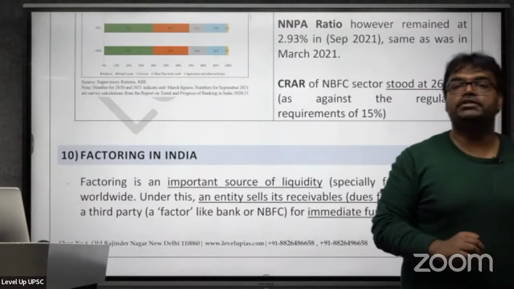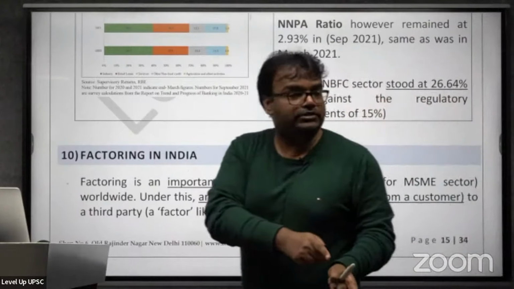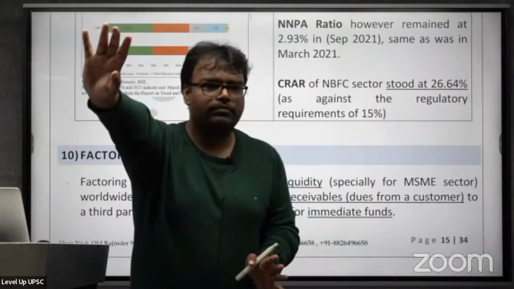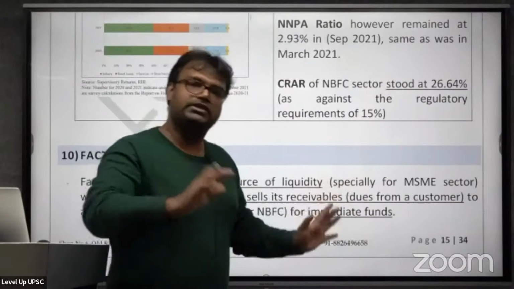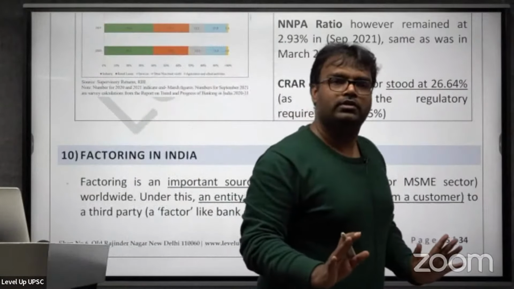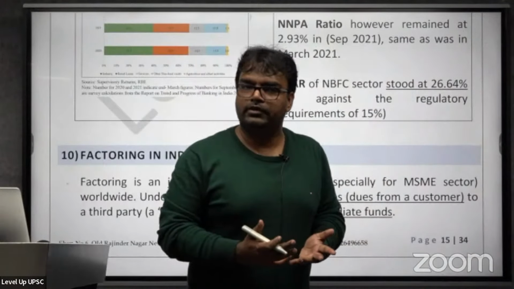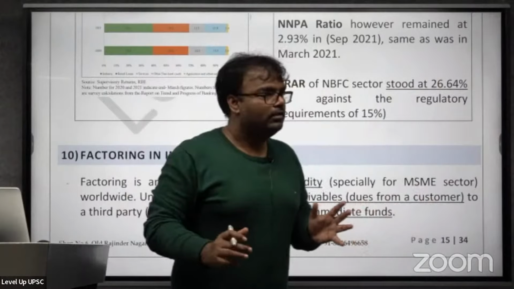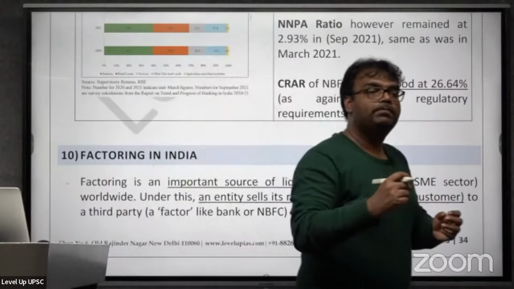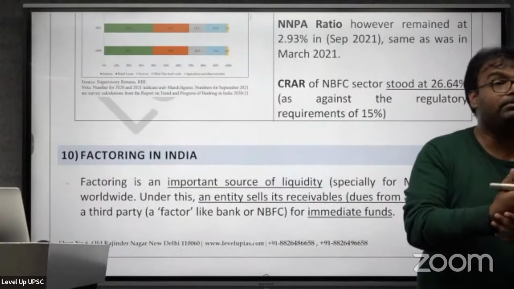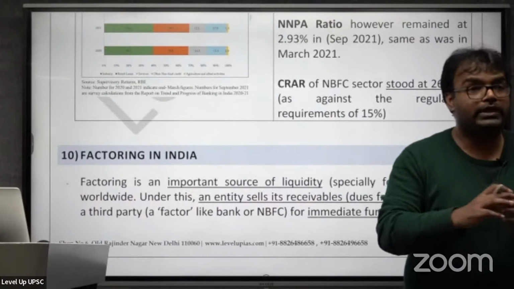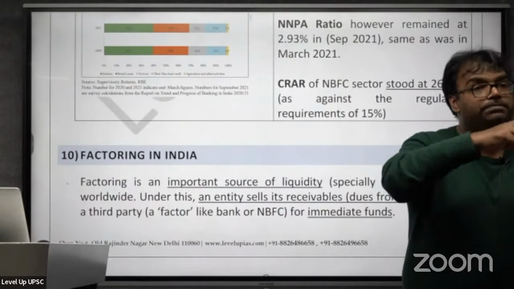Capital to risk-weighted asset ratio for our scheduled commercial banks is good. It has been going up. Even for NBFCs, it's good. It's way more than what is required. You have to understand this pattern. One more reason why some people may find me a bit slow is that I'm trying to visualize these patterns for you.